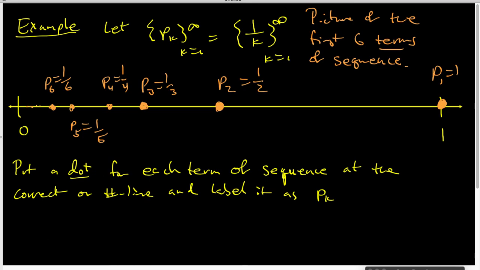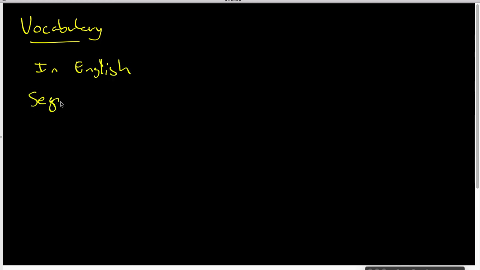Now, the final thing that I want to note is some vocabulary. And this is a little bit tricky, but just a little bit of vocabulary. In English, sequence and series both mean the same thing.